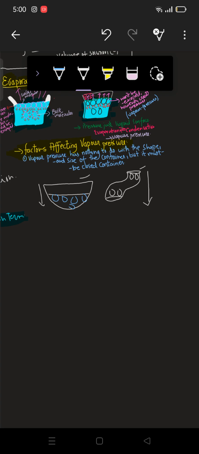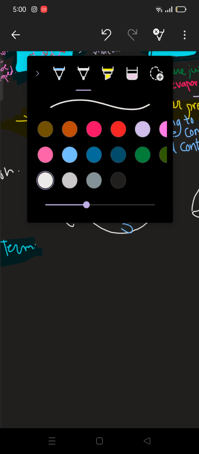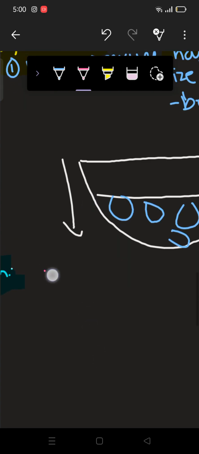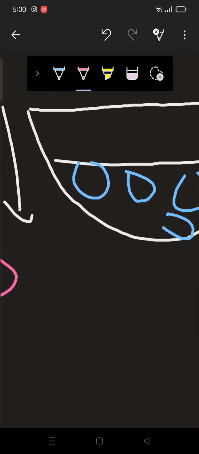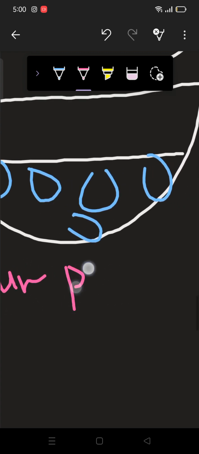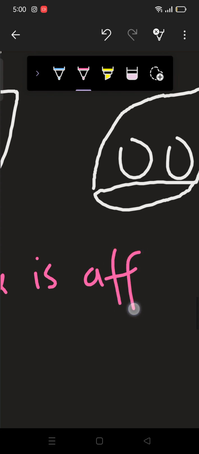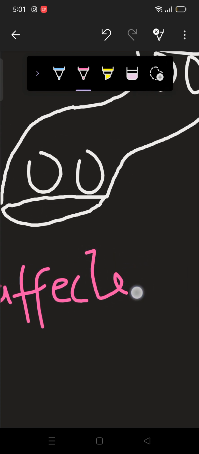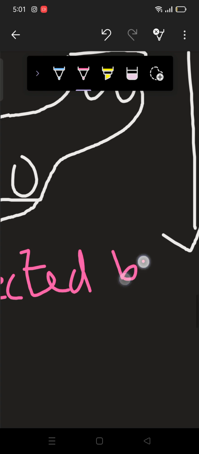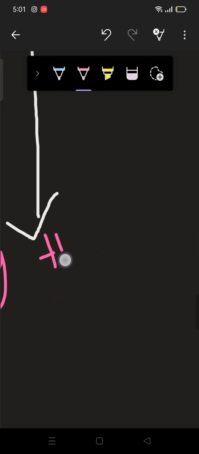Alright, so let's discuss the second factor. What does the second factor say? It says vapor pressure is affected by the nature of the substance.